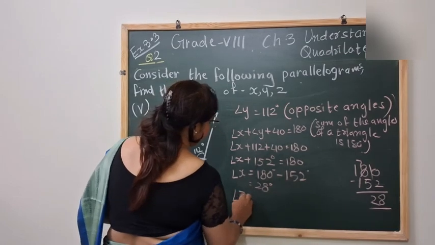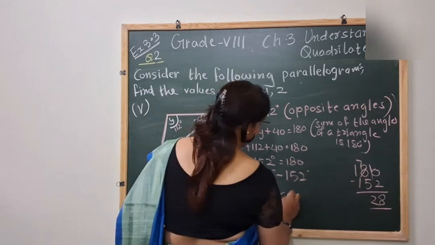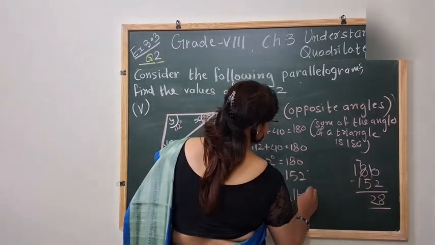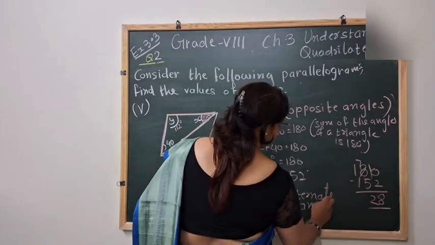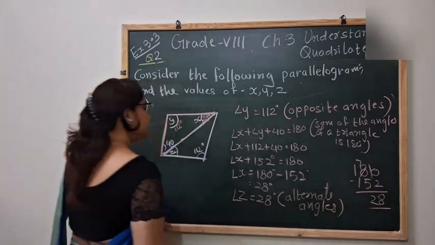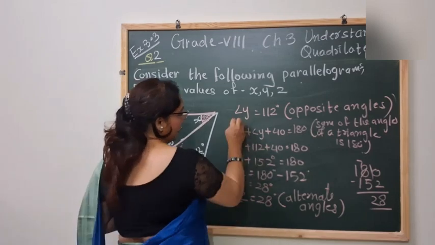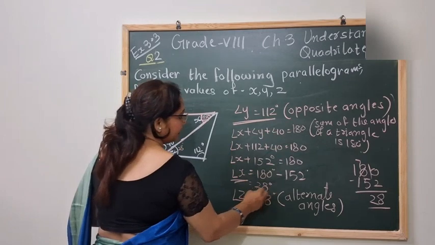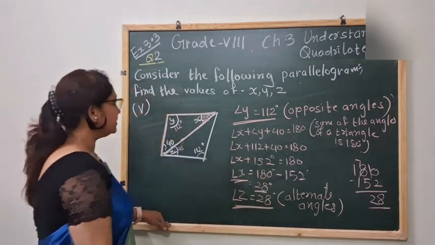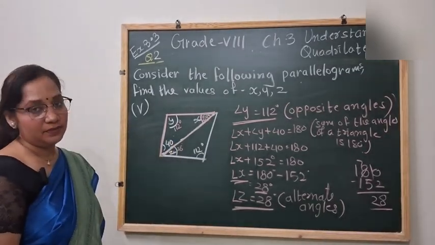Also angle z is equal to 28 degrees because alternate angles are always equal. So this is also 28 degrees. So we have got here angle y is 112, angle x is 28, and angle z is also 28 degrees. So we are finished with question number 2 finally. Now moving on to question number 3, students.